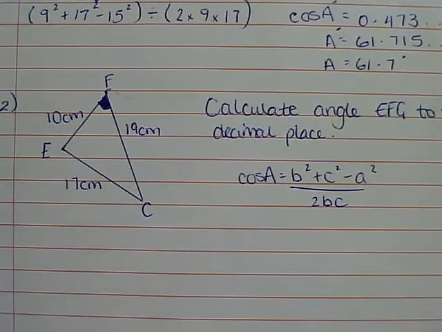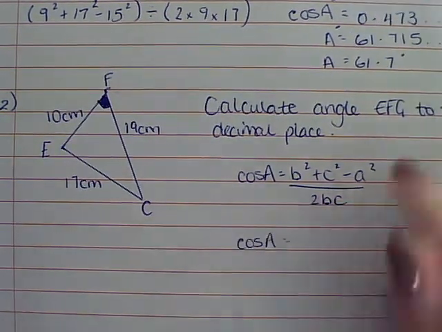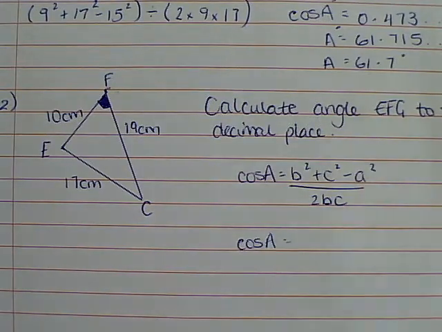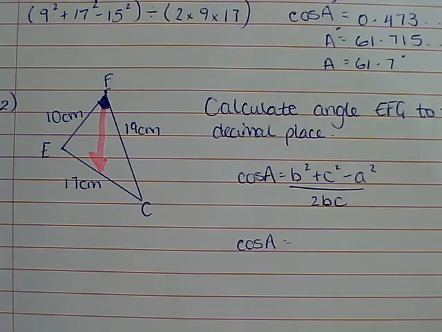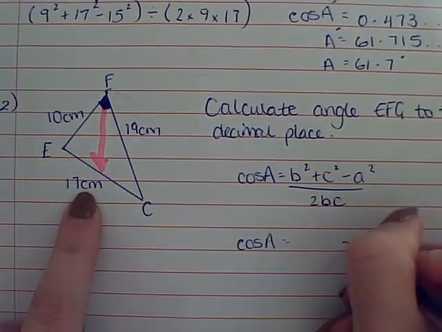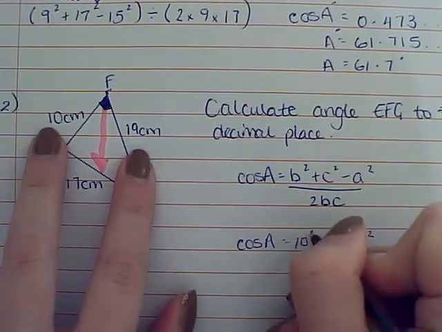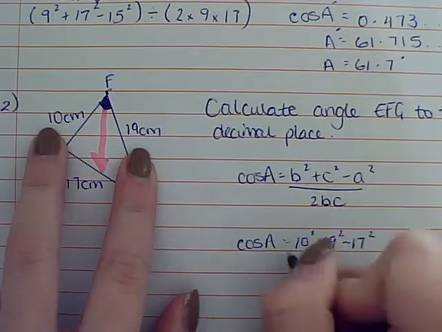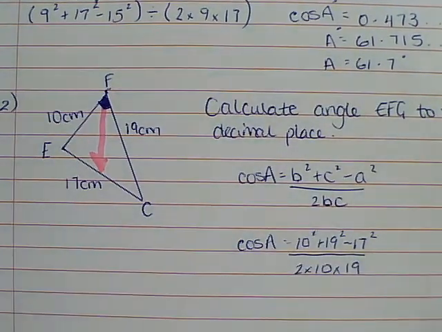The big thing that I like to do first is put my small a length in. Now I go to my angle and it is the length opposite that is A, so it's that 17. And that means B and C are my other two. There we go.